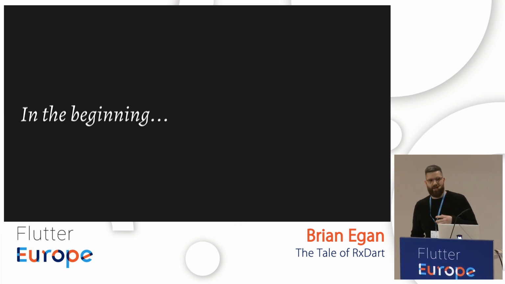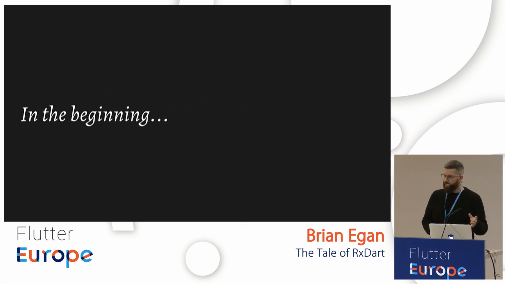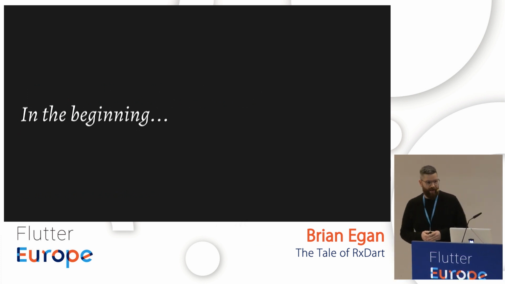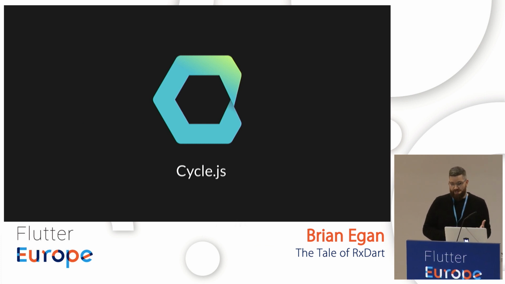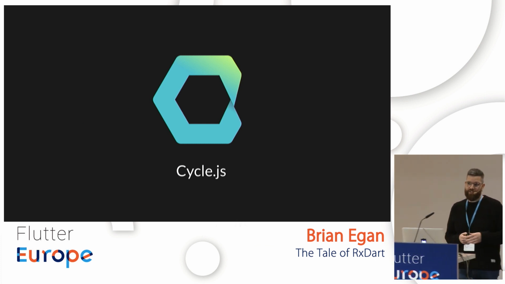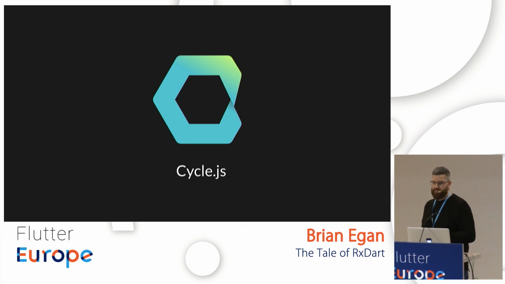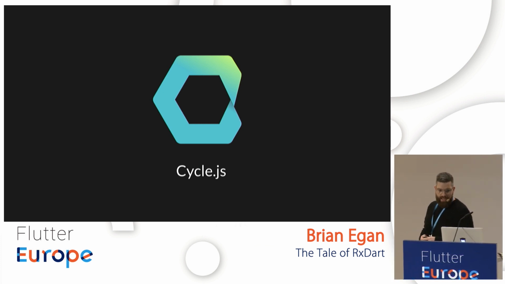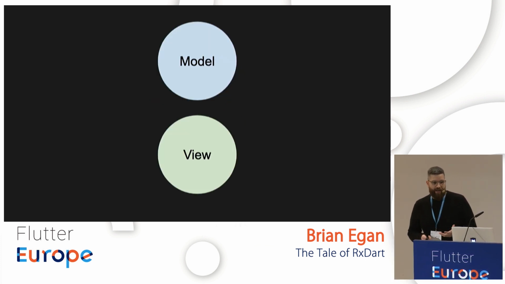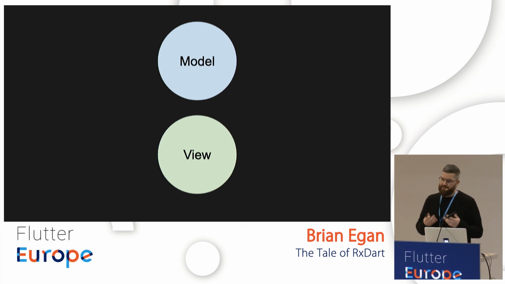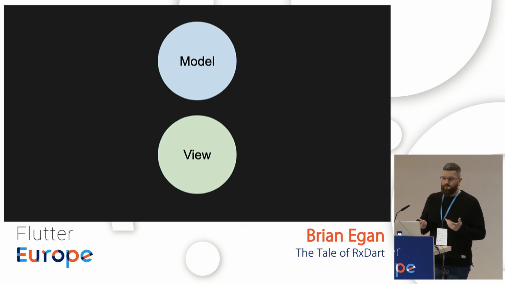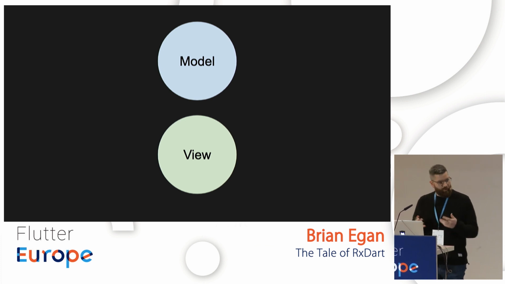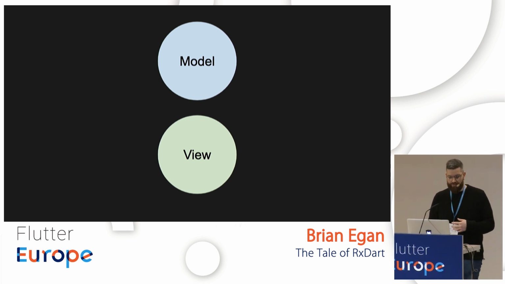You might have seen some presentations I've given on Bloc and Redux in the past, and these were things I was trying. But really where I began with streams was by taking inspiration from a library called Cycle.js, which is a JavaScript library. It defines an interaction in three parts, called model, view, intent. You have a view, which is your widgets, and that's what you show to the user.